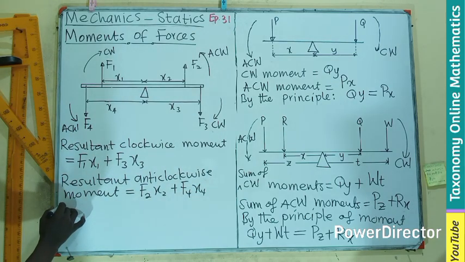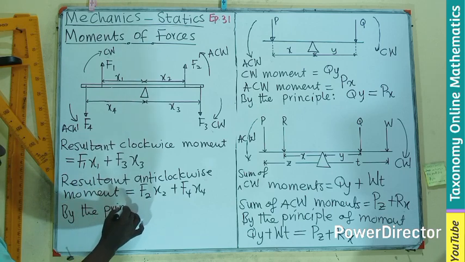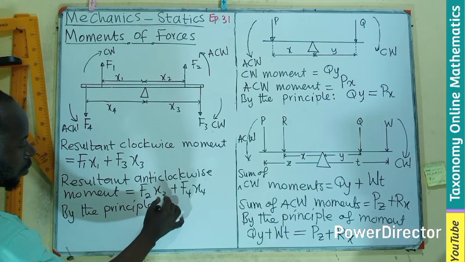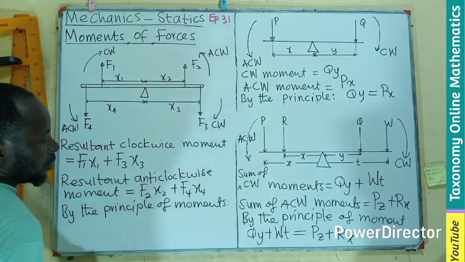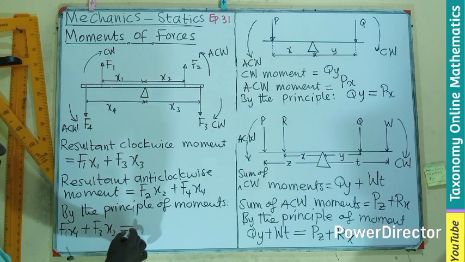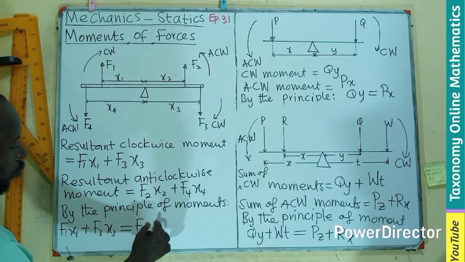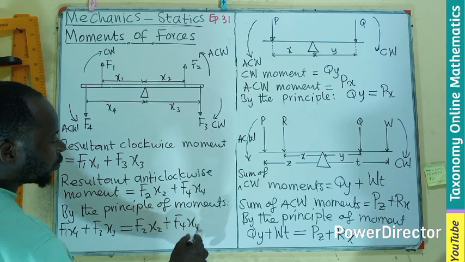So we can say that by the principle of moment, the sum of the clockwise, which is F1 x1 plus F3 x3, should be equal to F2 x2 plus F4 x4.